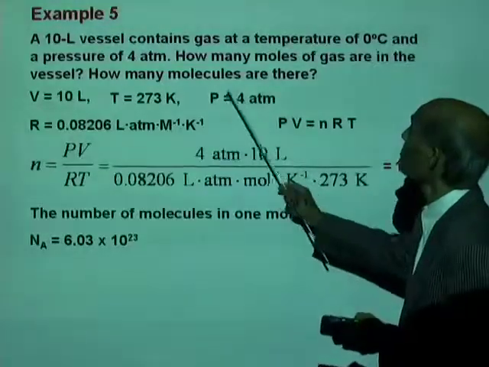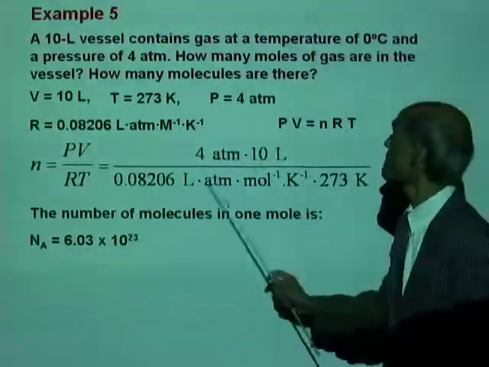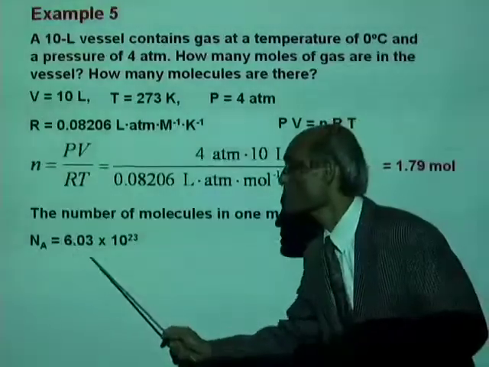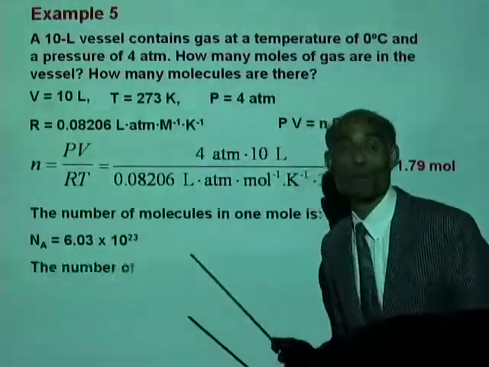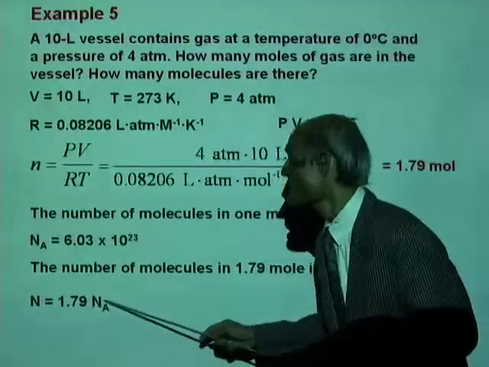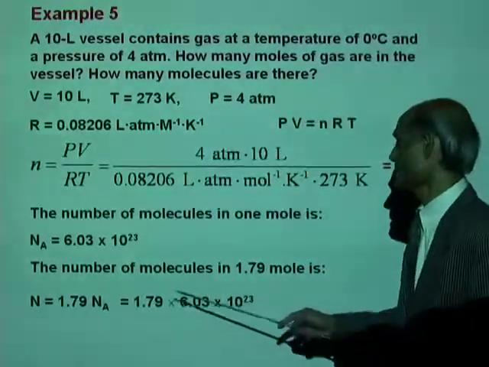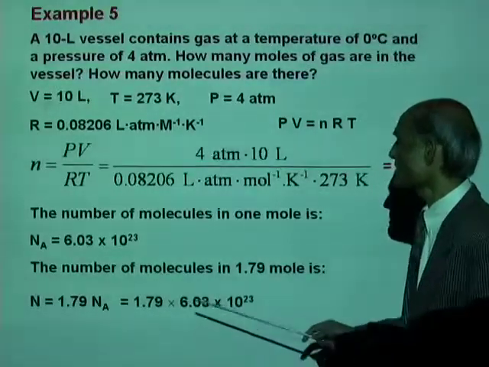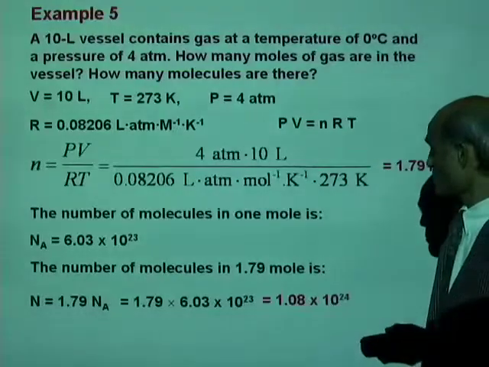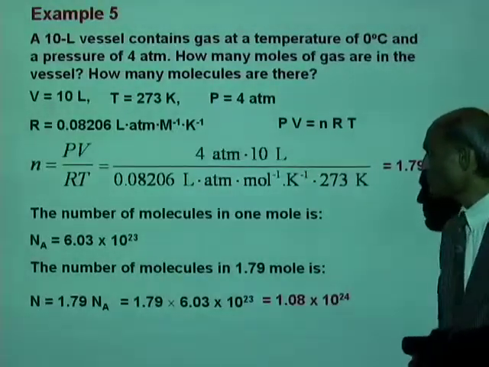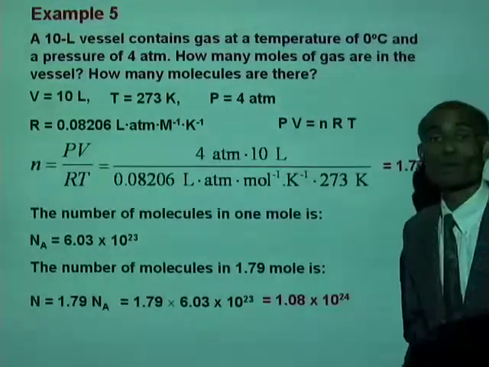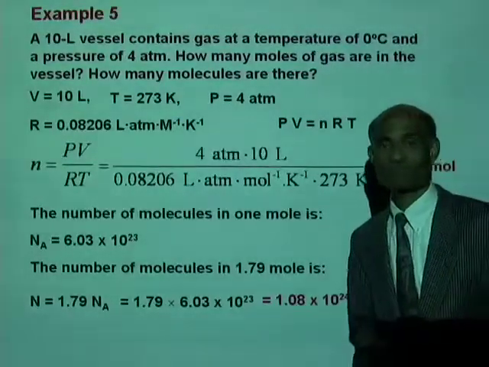Therefore, the total number of molecules will be the number of moles multiplied by the number of molecules per mole. That will be 1.79 times NA, 1.79 times 6.023 times 10 to the 23. That is 1.08 times 10 to the 24 molecules.